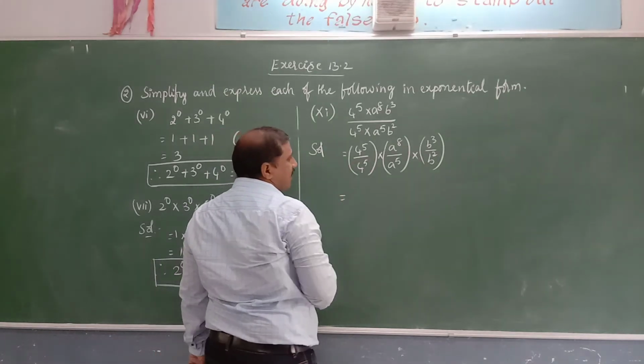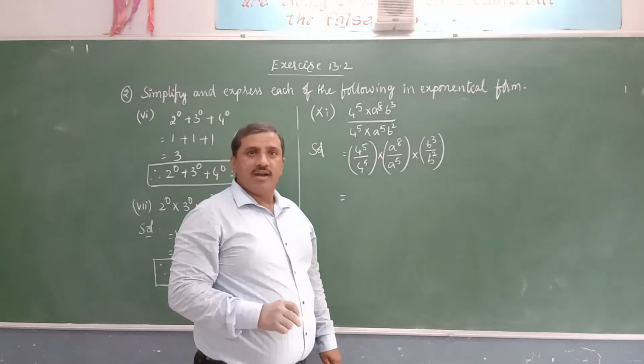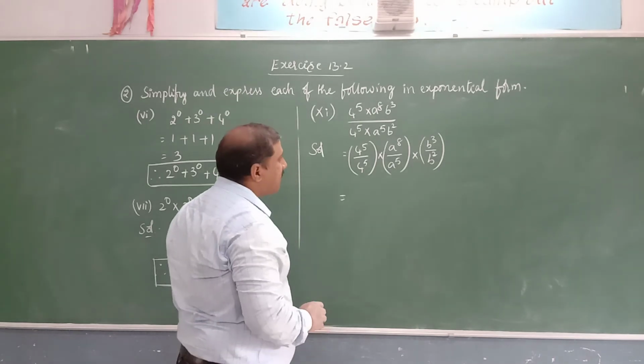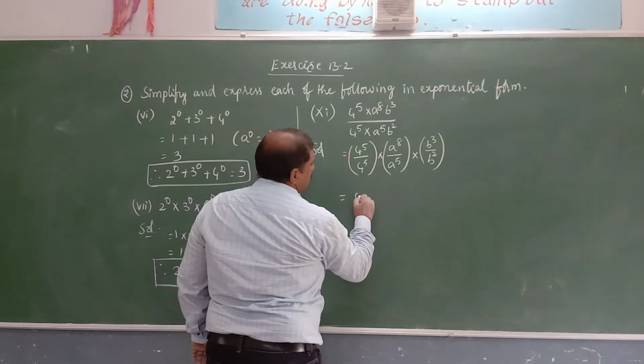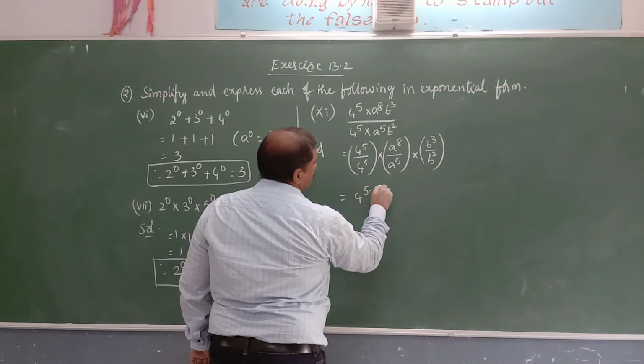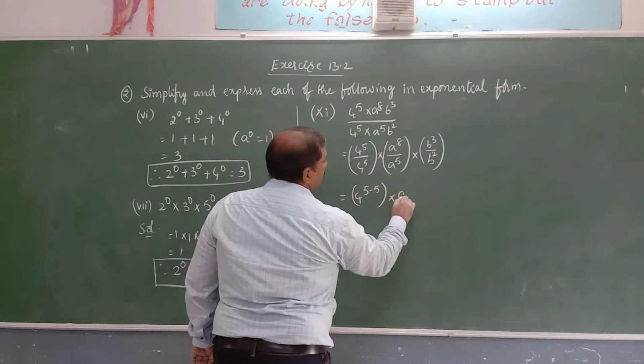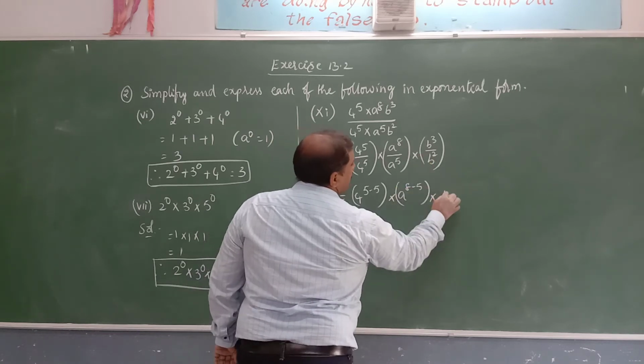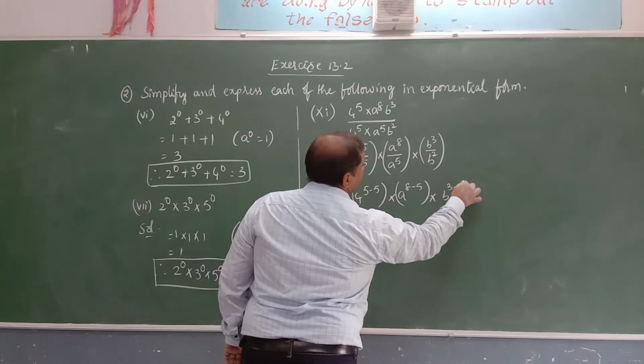So which law can we apply? a to the power of m divided by a to the power of n is equal to a to the power of m minus n. That is 4 to the power of 5 minus 5 into a to the power of 8 minus 5 into b to the power of 3 minus 2.